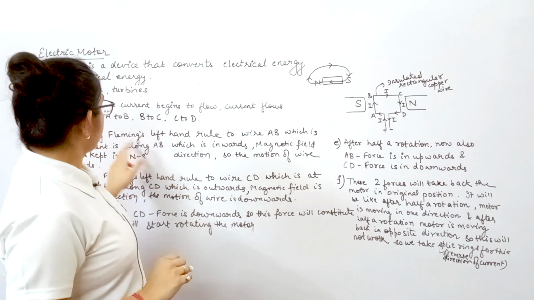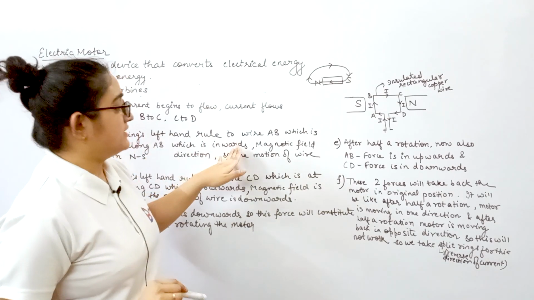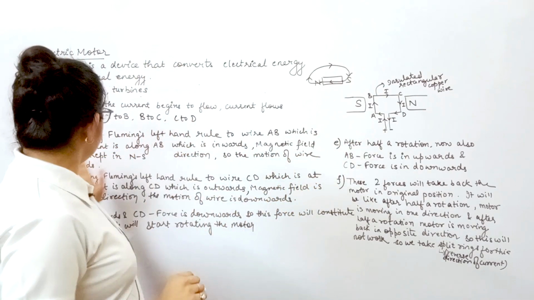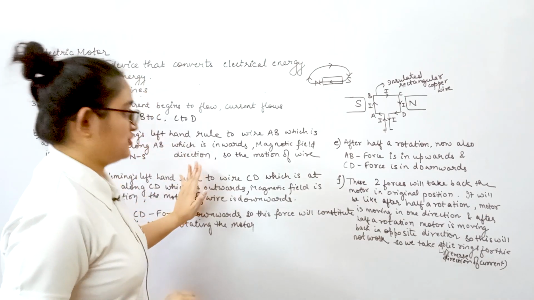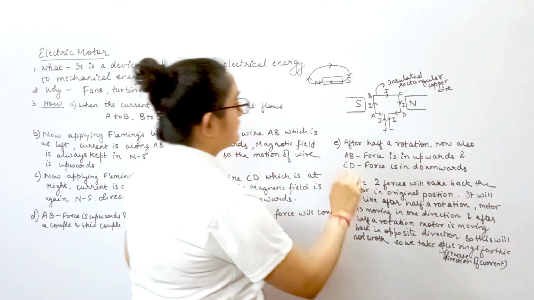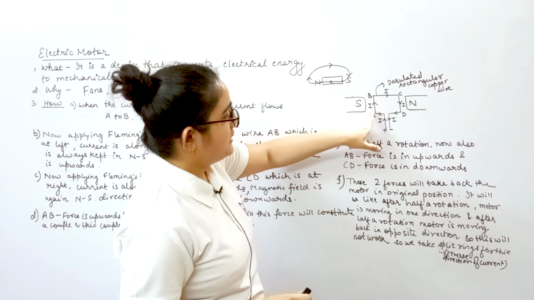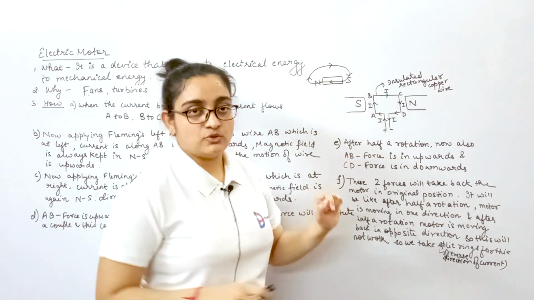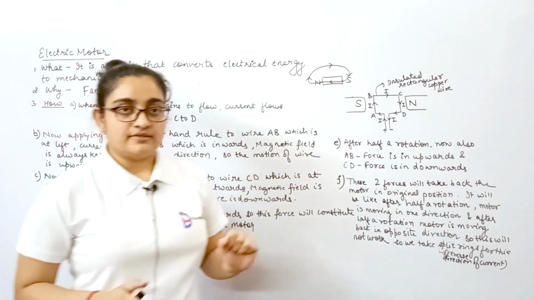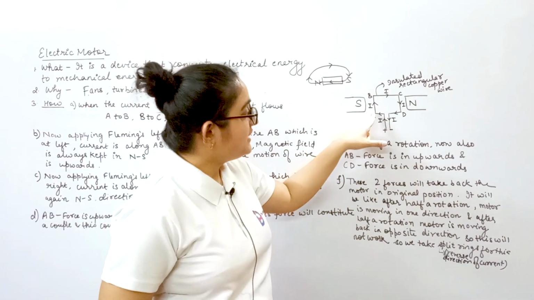Concept is clear? Magnetic field is always kept in north-south direction. Now you can see the direction of current in wire AB, it is inwards.